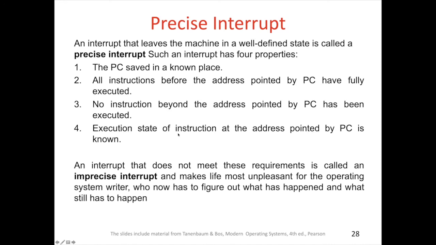The execution state of the instruction at the address pointed to by the program counter is known. If an interrupt does not meet these requirements, then it is called an imprecise interrupt and makes life most unpleasant for the operating system programmer, who now has to figure out what has happened and what still has to happen.